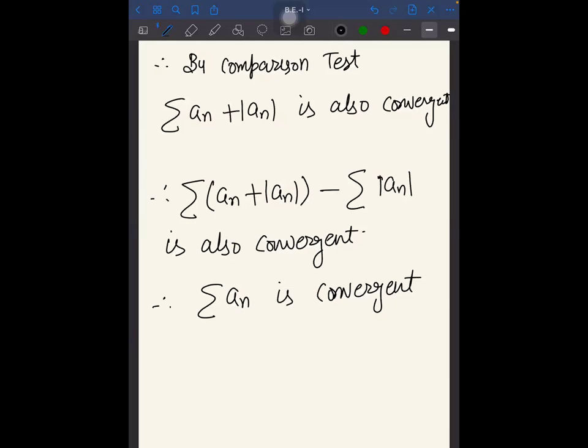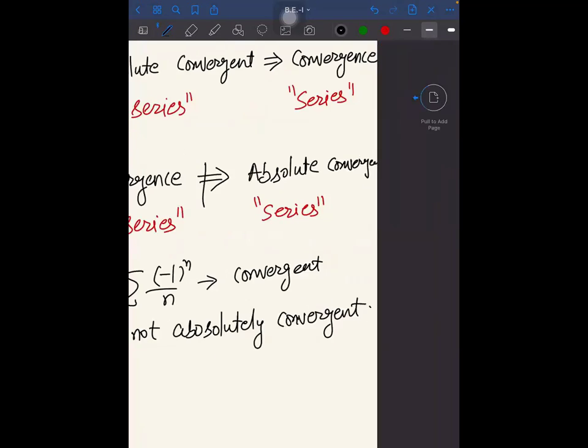So let me check a few questions for you. Let's say question number 22. Okay. So let's try to prove that this is absolutely convergent. We need to check that.